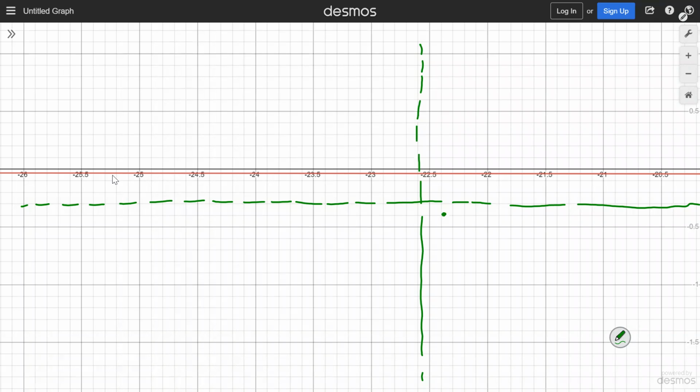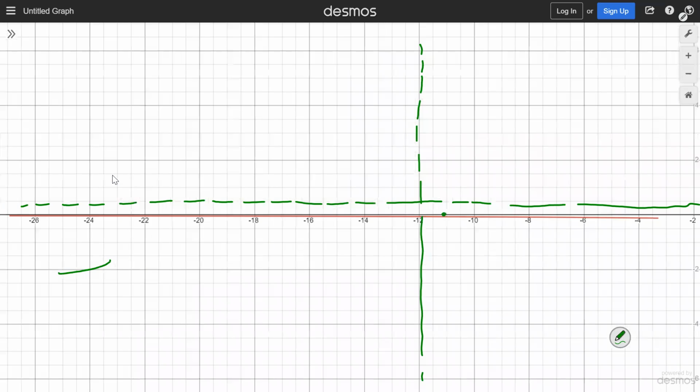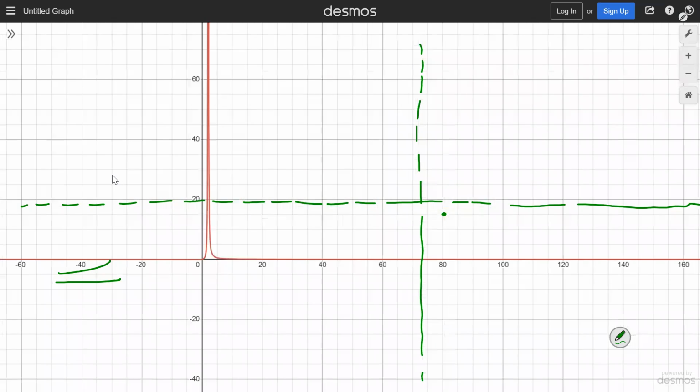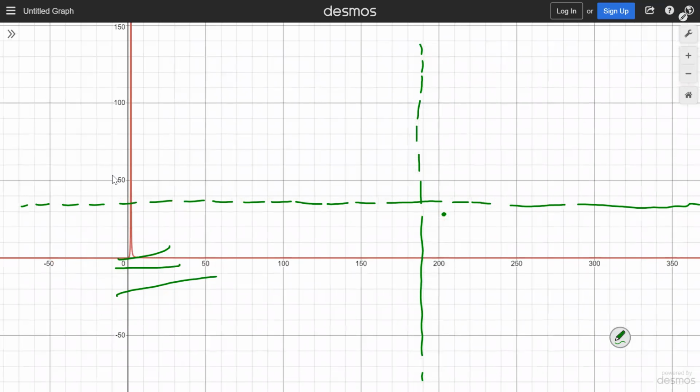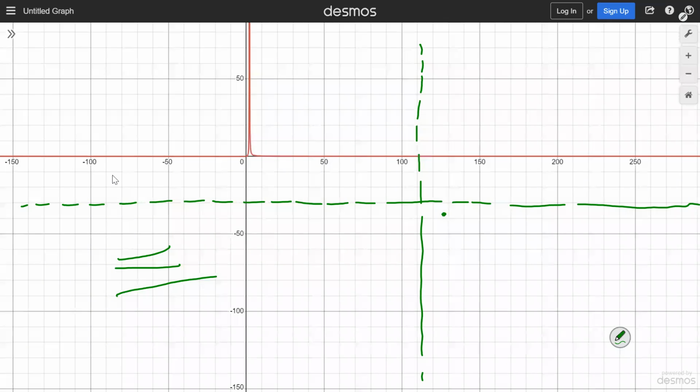It's just going to run alongside it. You can zoom out as much as you like, and it's going to keep that pattern for the length of its domain. So it does not cross on the right-hand side, but it does cross that x-intercept on the left.